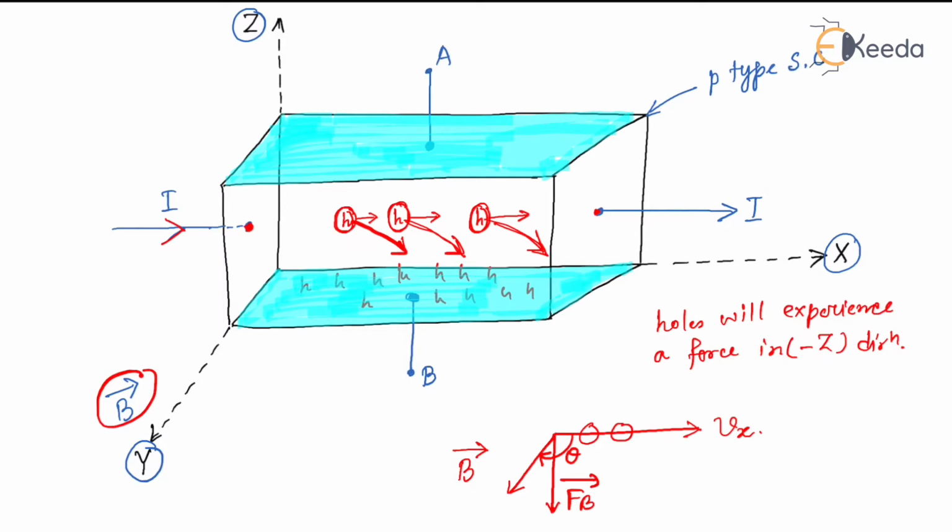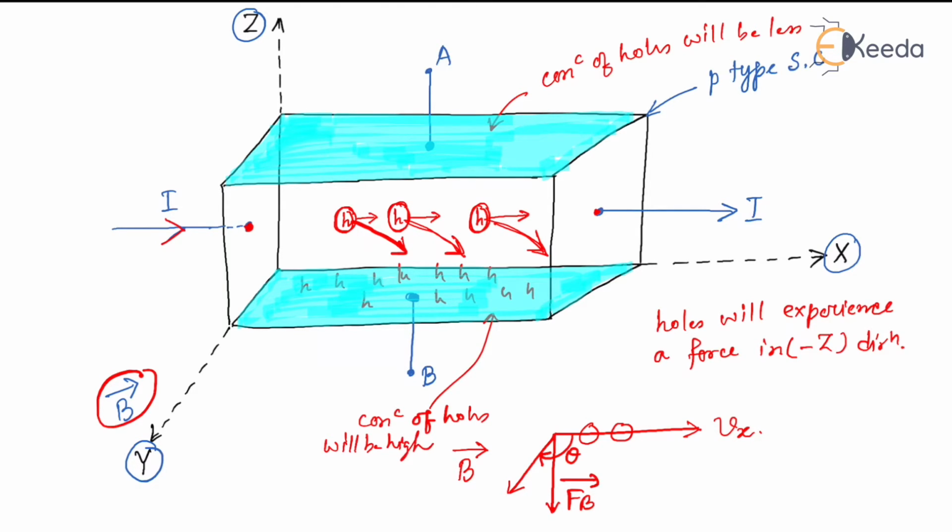That means there will be a high concentration of holes in the downward plane, and a lesser concentration of holes in the upward plane. So, in this upward plane the concentration of holes will be less, and here the concentration of holes will be high.